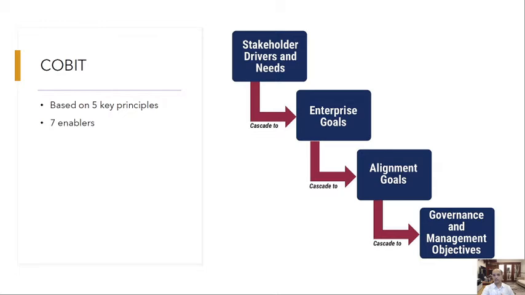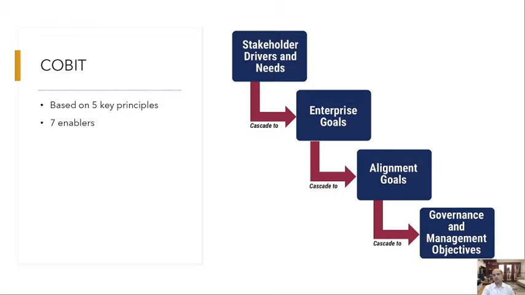The sixth enabler is service, infrastructure, and application. And the last is people, skills, and competencies. Right. So with these 7 enablers, we are able to have a holistic approach of the overall organization. If we are covering each and every domain, from the documentation part till the people part, we are covering each and everything. That is what COBIT 5 is.